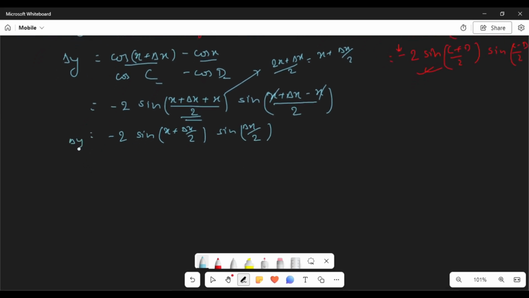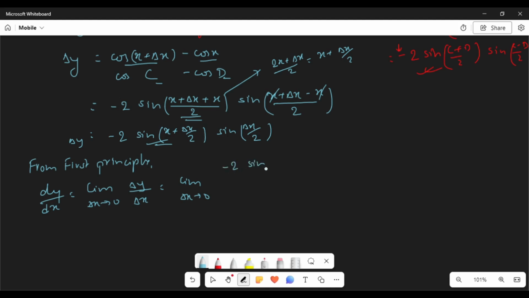Now, we simply apply first principle. From first principle, dy by dx is given by what? Del y by del x. So you place del y by this term, minus 2 sine (x plus del x by 2) sine (del x by 2).